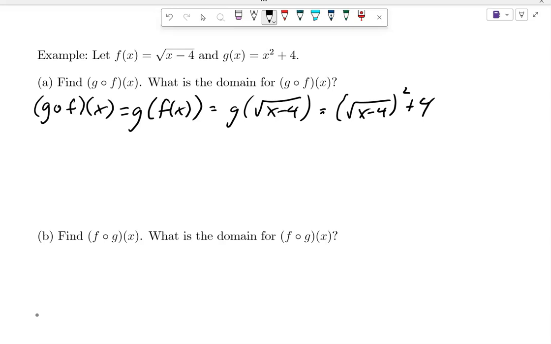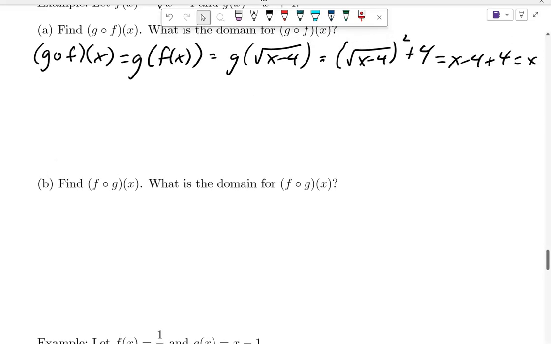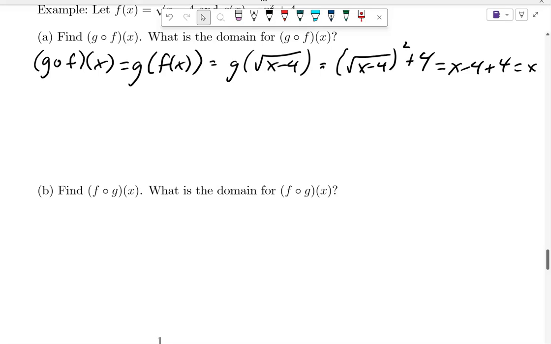What happens with your square root and your square? Yeah, they cancel each other out. You get x minus 4 plus 4, which we just end up at x. We'll worry about domain in a minute. What do you get when you do f of g of x the other way around?